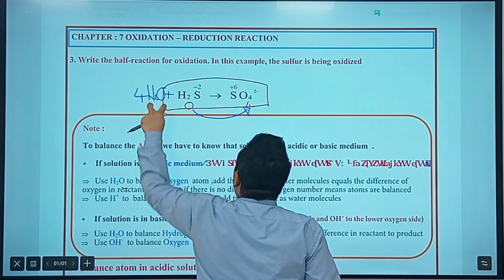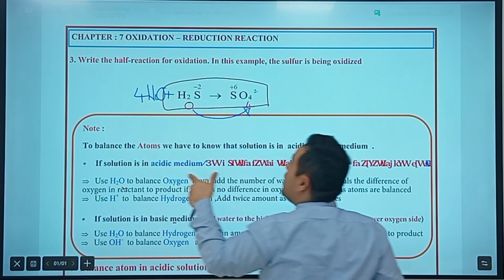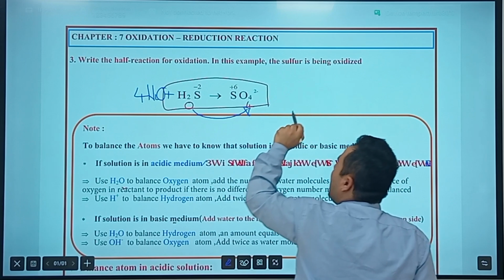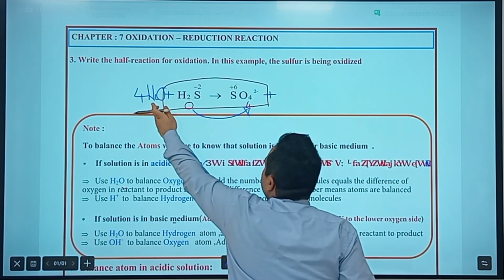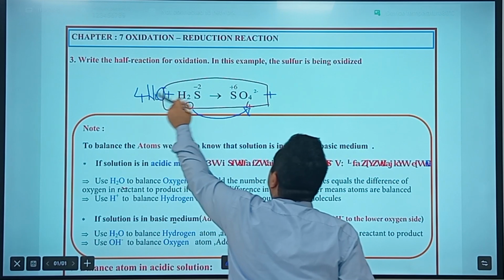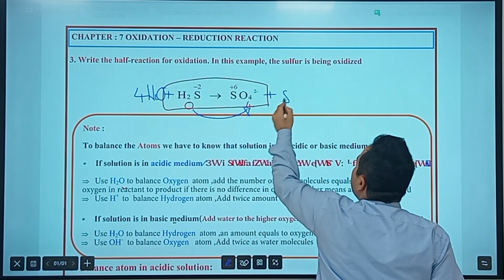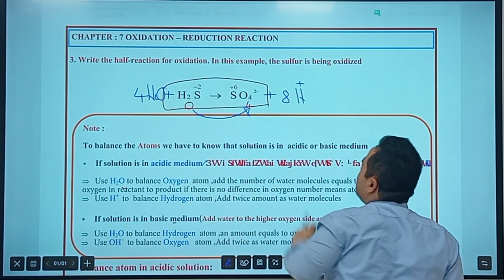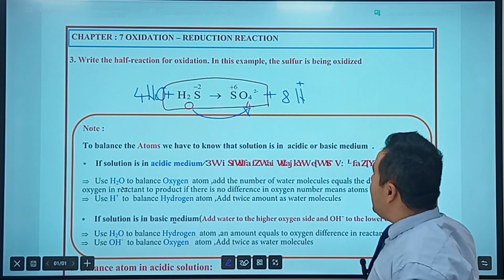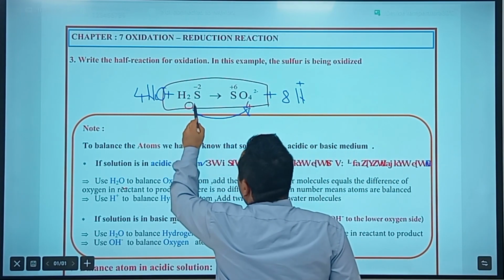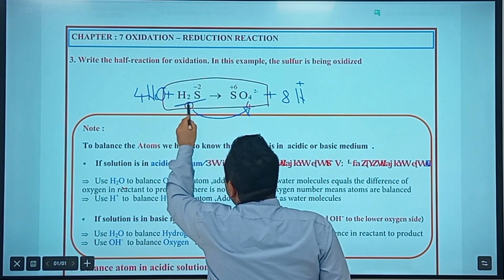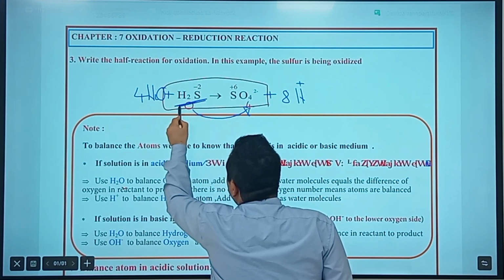With the addition of 4 H2O, how many H must be added to the product, or the higher oxygen side? Twice as many as the H2O. How many H2O did we add? 4. So add 8 protons to the other side. But guys, sometimes check whether the compound contains more hydrogen, more protons, or not.